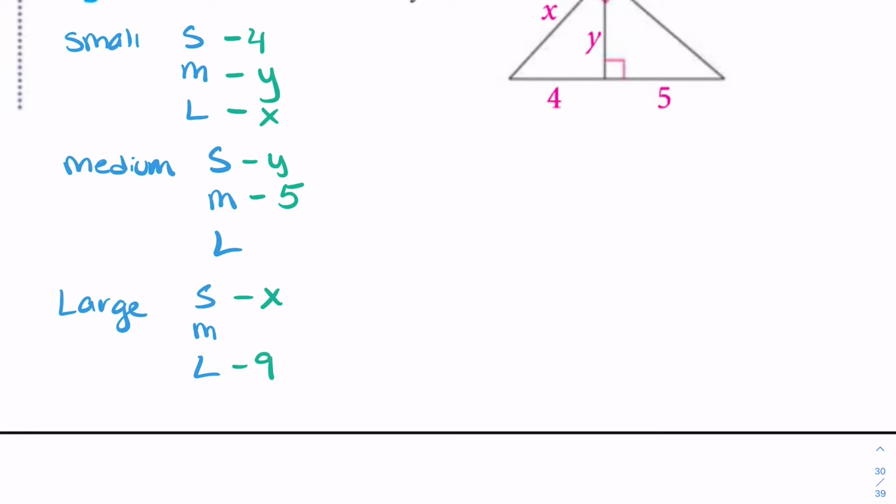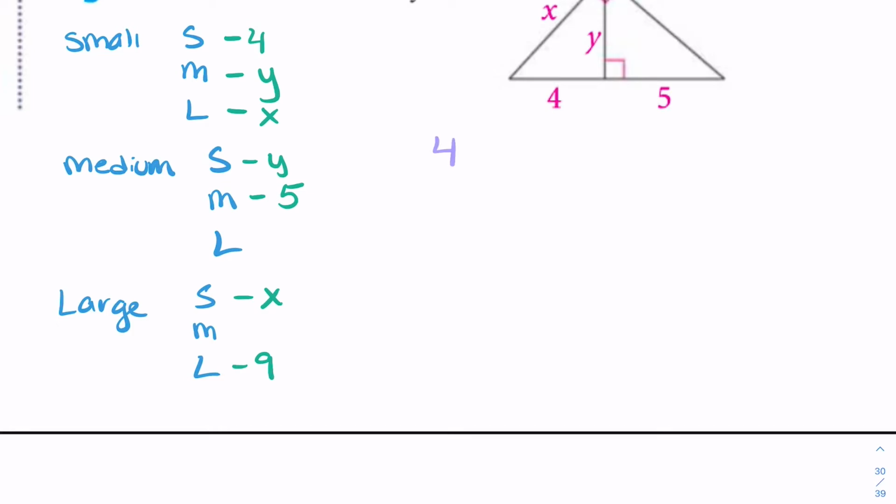So now I have all my information. I can connect this small side with this small side, and this medium side with this medium side. And then I can also do this small side with this small side, and this long side with this long side. So I'm going to set up my proportions based on what I know.